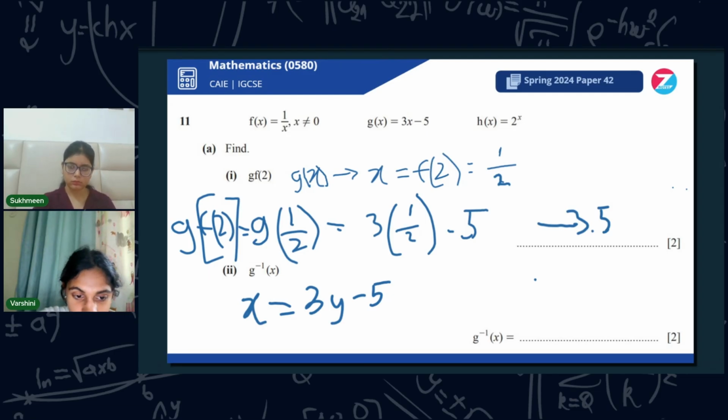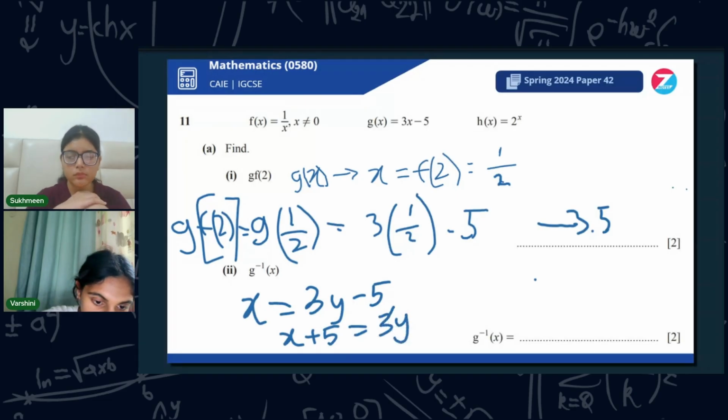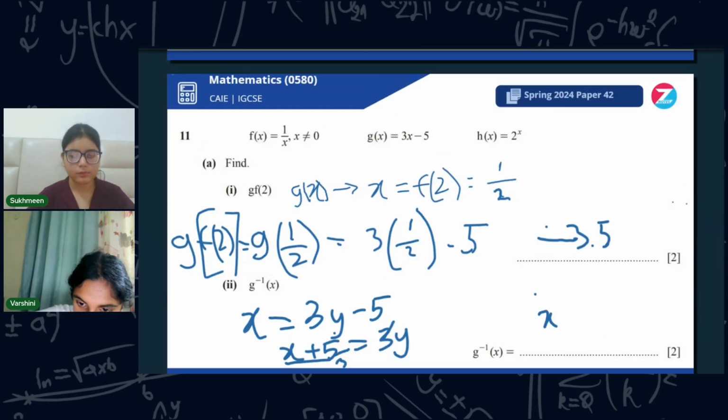So let's add 5 to both sides. x plus 5 equals 3y. Now let's get rid of the 3, so divide both sides by 3. It's a little messy, but you can just write this as x plus 5 by 3.